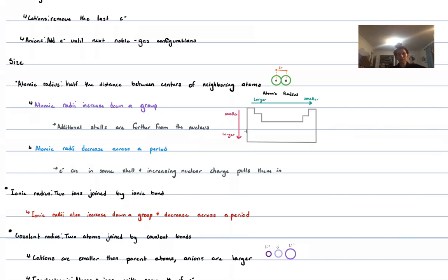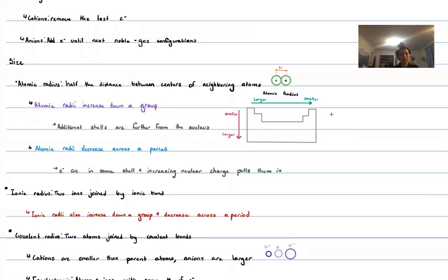So as our atoms themselves get bigger, our atomic radius is also going to get bigger. And then for cases like this, I believe it gets smaller as you go towards the right.